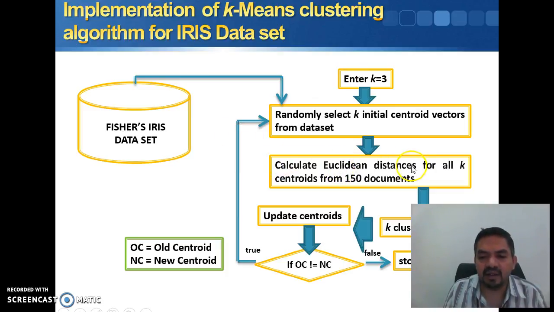Calculate the Euclidean distance of all K centroids from the 150 documents. Then K clusters are formed. Update the centroids, and stop if the total iterations are over or the old centroid value is equal to the new centroid value.